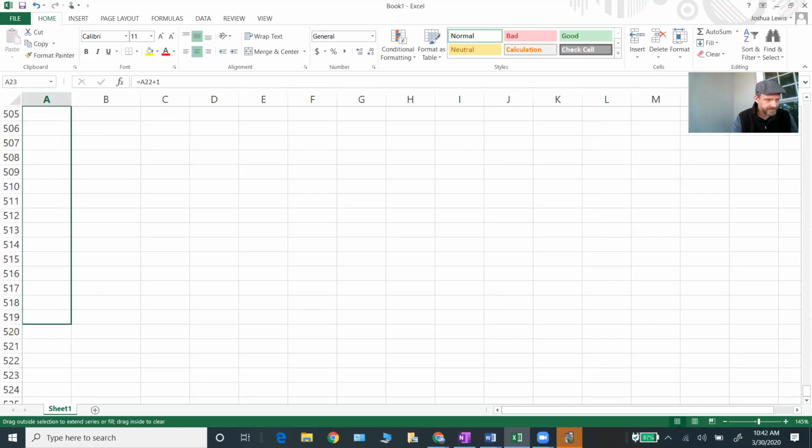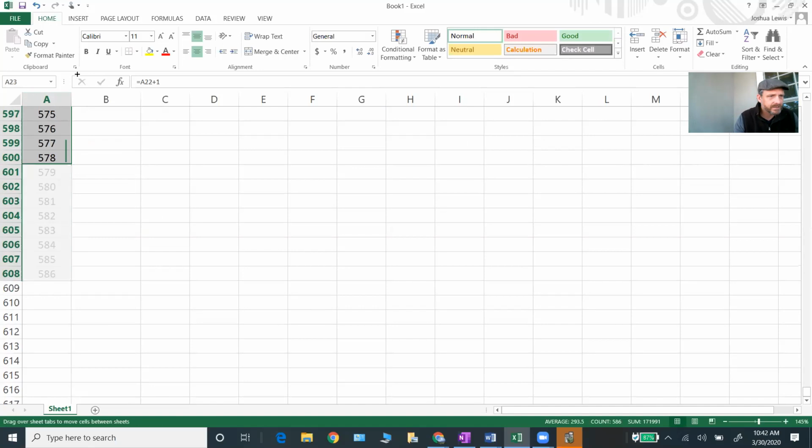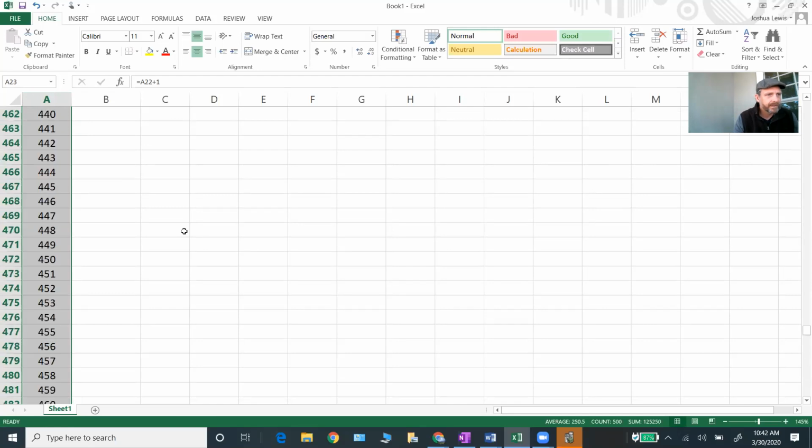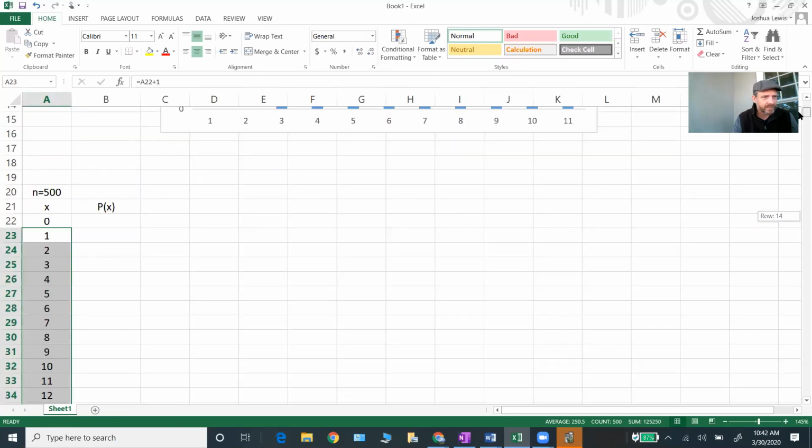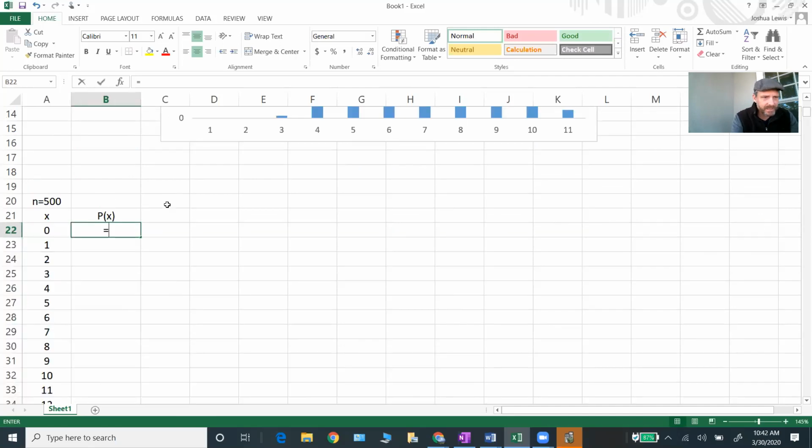I need to get up to 500, right? Oh, a little high. Take this down to 500. All right. And then I want my other column again to be, right, it's a probability distribution, so I should be able to see the probability for each one of these. And so this first one equals BINOM.DIST. Then the number comes from A22.